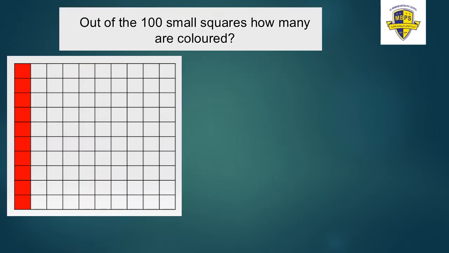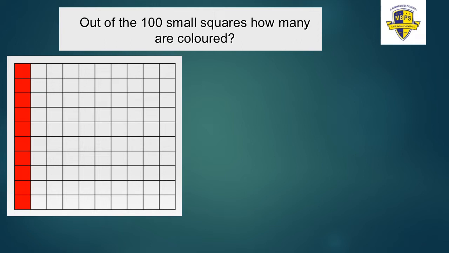Now, one more example. Who can tell me how many squares are shaded here? Excellent. We have 10 small squares that are red. And all the squares, the shaded and the not shaded, are how many? 100. Good.